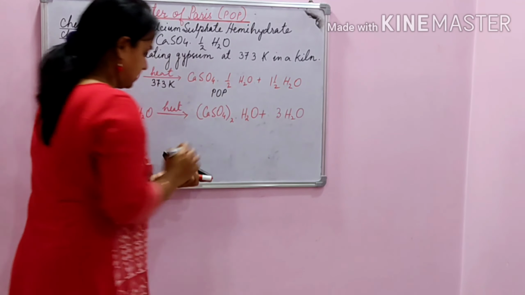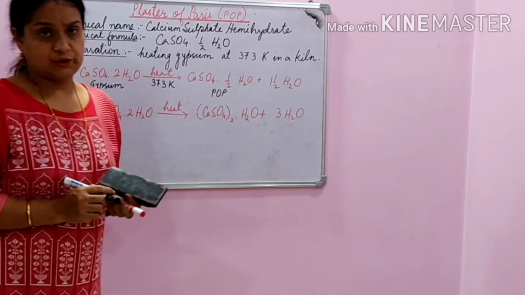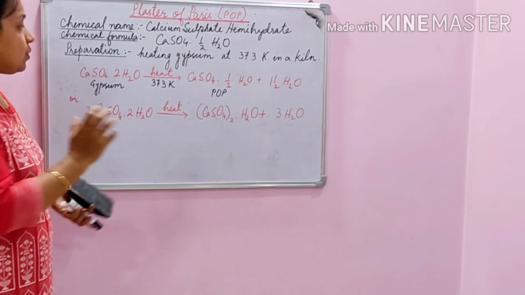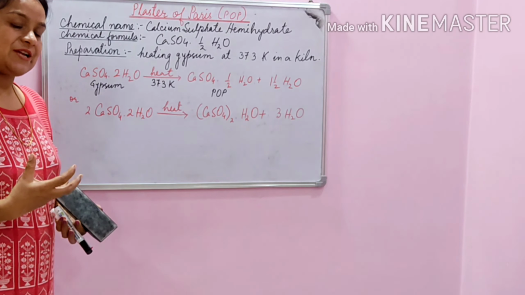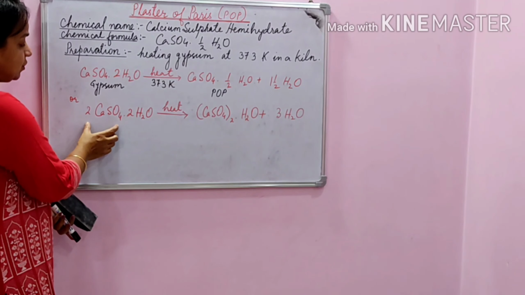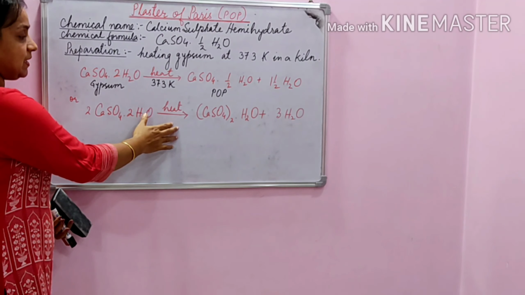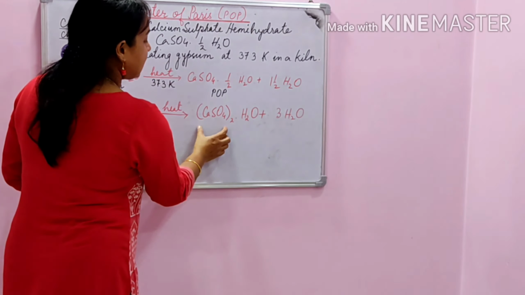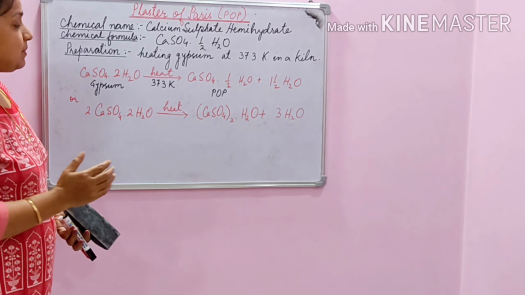Now, it is not possible to have half molecule of water of crystallization actually. So, when the reaction happens in atmosphere, it happens something like this. If we multiply it by 2, so 2 molecules of gypsum, when heated, produce calcium sulphate hemihydrate, that is plaster of Paris.